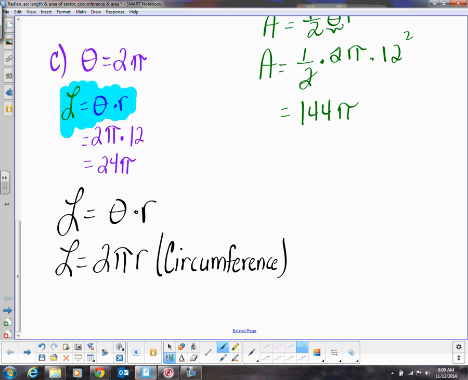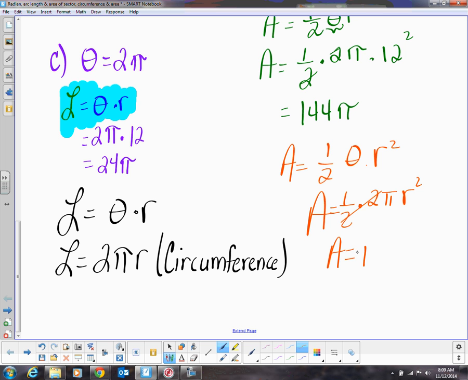Let's go to the area of a sector. The area of a sector is 1/2 theta times r squared. What is the angle measure of a whole circle? 2 pi. So if we look at this, the 2s simplify. Have you ever seen pi r squared? Yes. Was that not the area of a circle? Yes, it was.